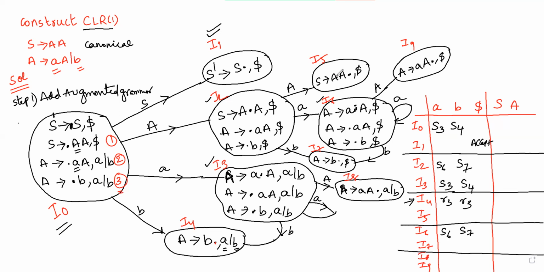Now what is I5? S tends to AA dot. Here in the given productions, it is my first production.